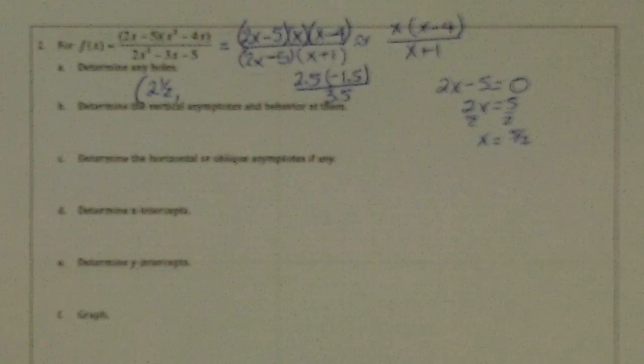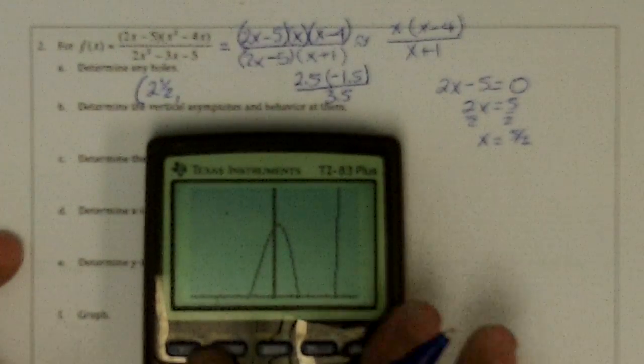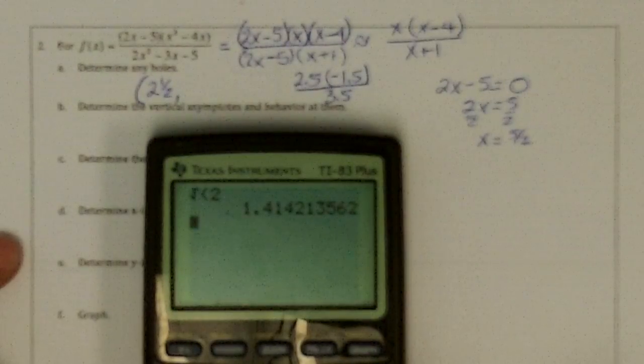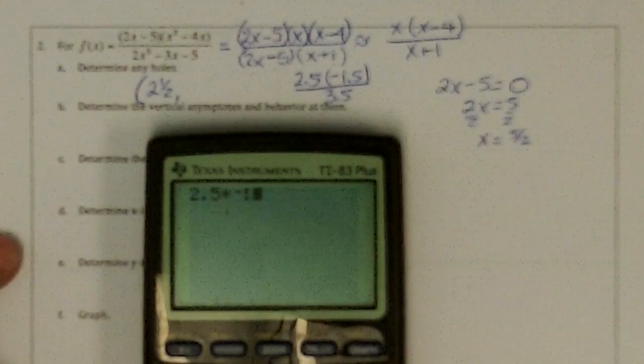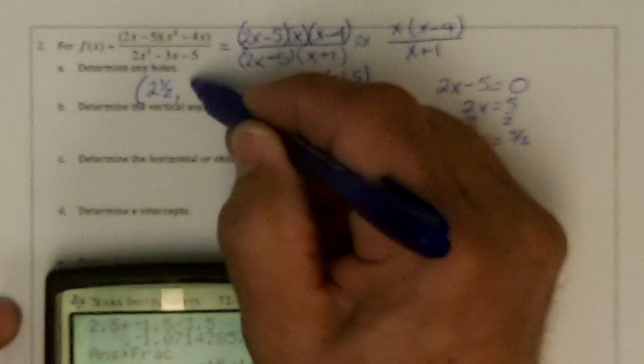I'm going to pull up my calculator and type that in, and I'm going to get 2.5 times negative 1.5 divided by 3.5, and I get an ugly decimal, but if I do math, enter, enter, I get negative 15 fourteenths.